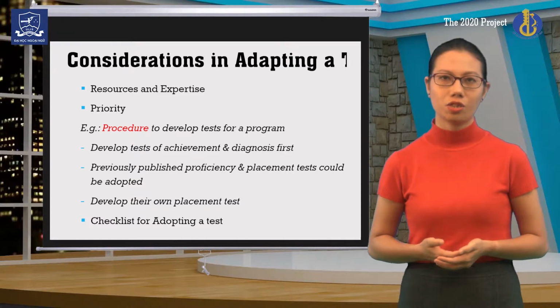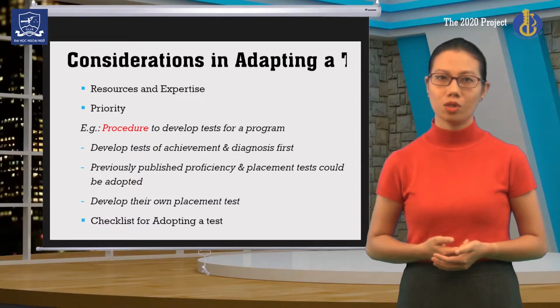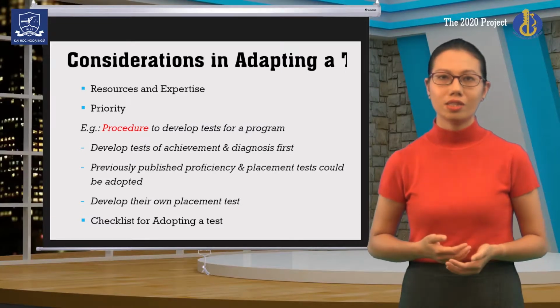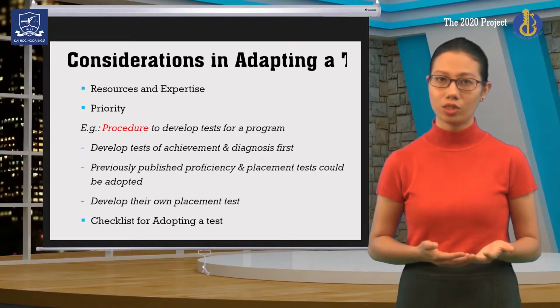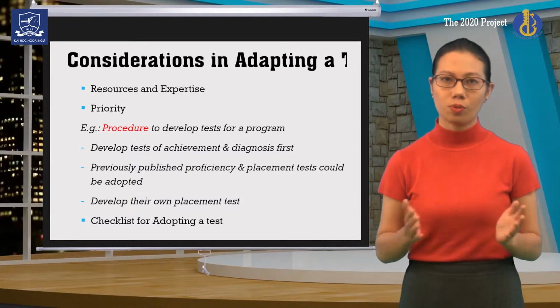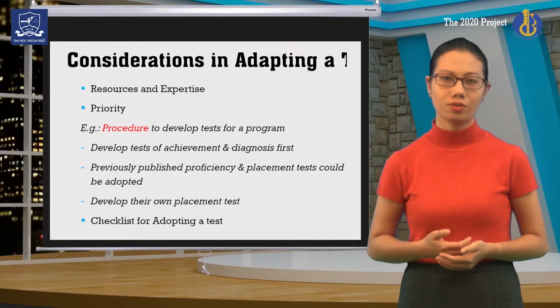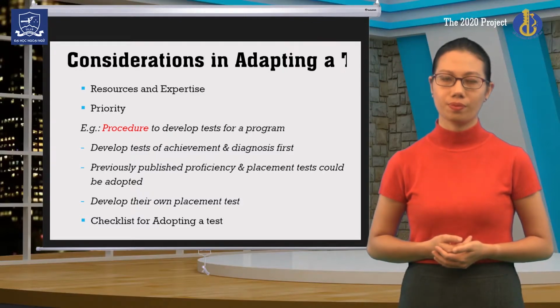While developing these achievement and diagnostic tests, previously published proficiency and placement tests could be adopted as needed. Later, these teachers may wish to develop their own placement tests so that the test questions being used to separate students into levels of study are related to the objectives of the courses and to what the students are learning in the program.